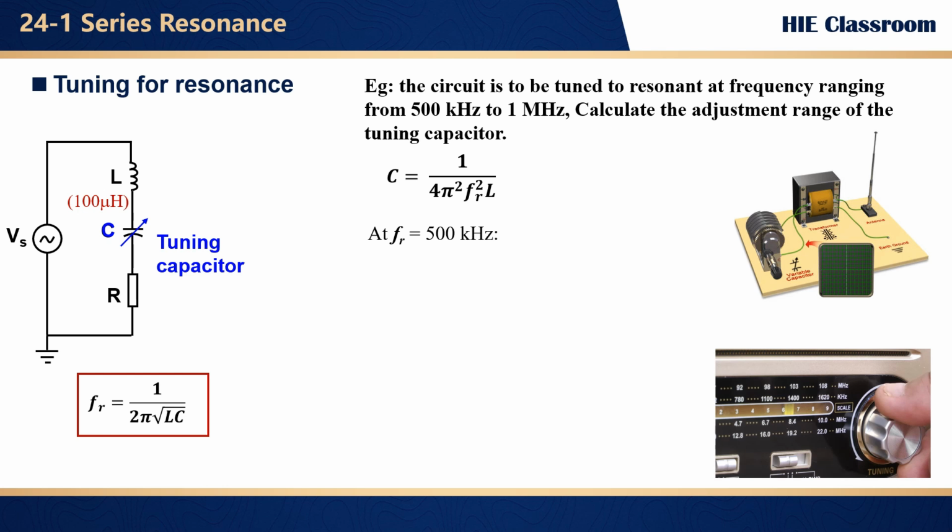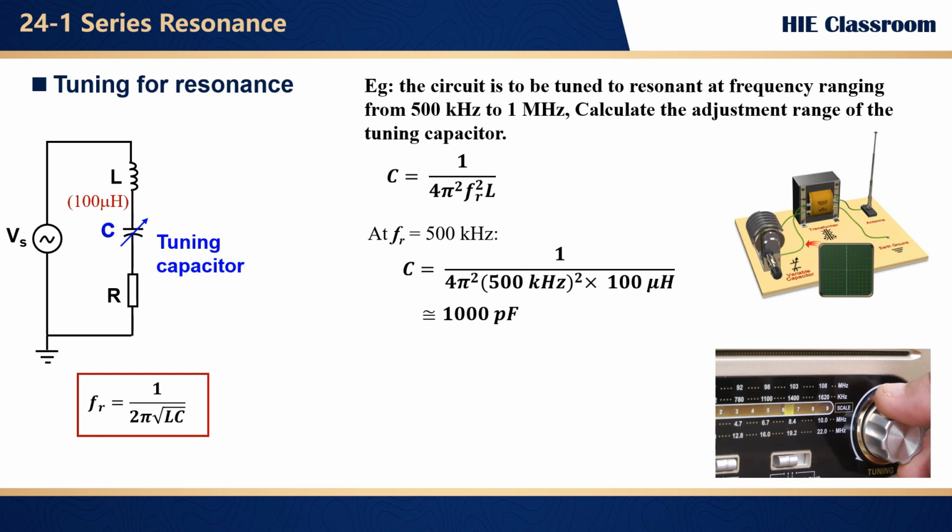Let's plug in the numbers and see what we get. Starting at Fr of 500 kHz, C equals 1 over 4 pi squared times 500 kHz squared times 100 microhenry. I'll skip the number crunching details, trust me, it works out. And then we find that C equals 1000 picofarads.